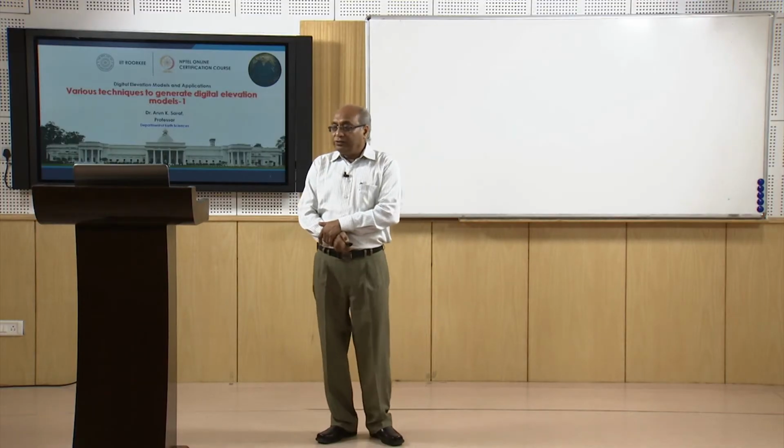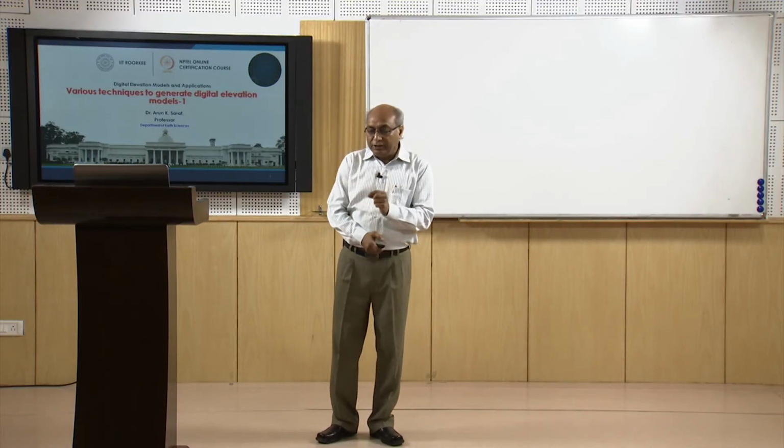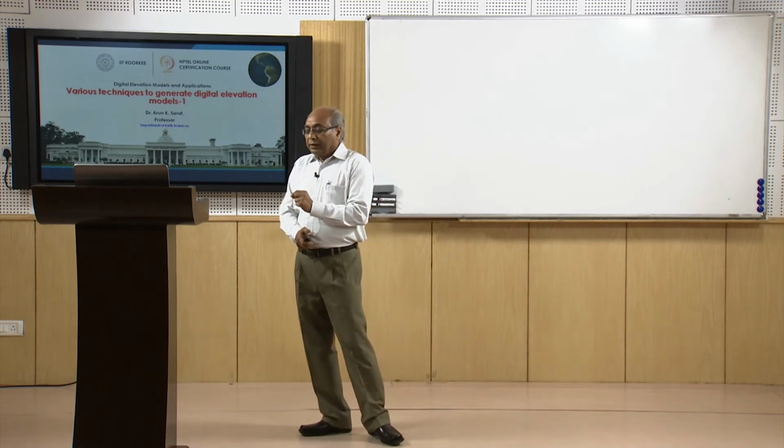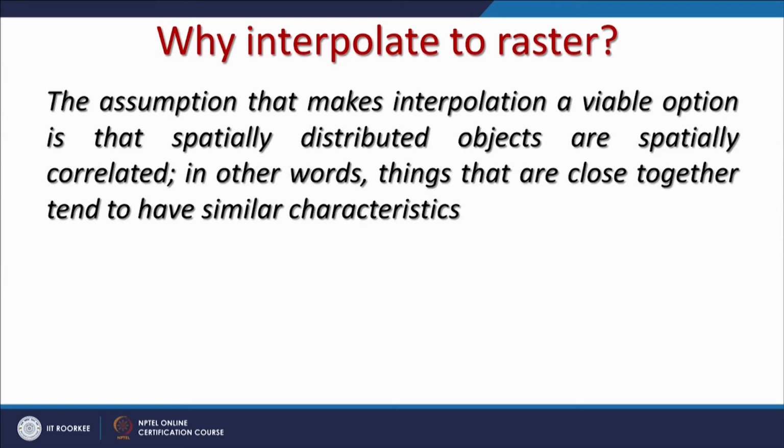We continue on this. As we have seen about the assumption, the assumption that makes interpolation a viable option is that spatially distributed objects are spatially correlated. In other words, Tobler's law of geography: things that are closer together tend to have similar characteristics.